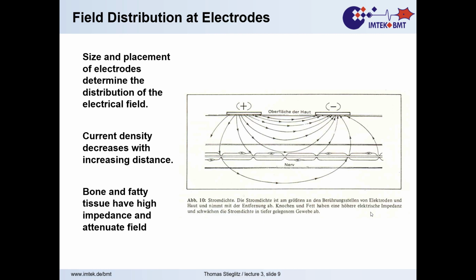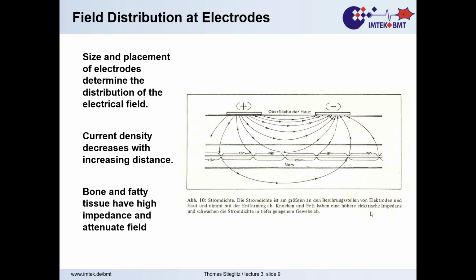And as we see here, the field lines are more distributed in deeper layers. That means it gets more and more difficult to stimulate deeper nerve fibers if you are at a long distance from them.